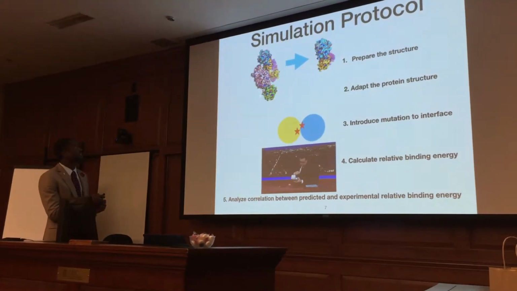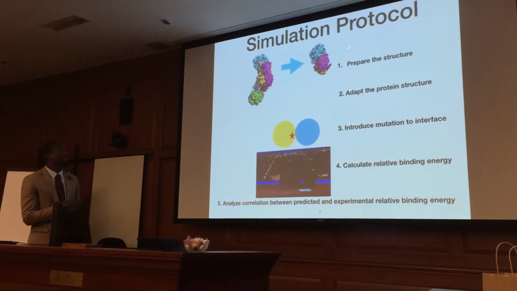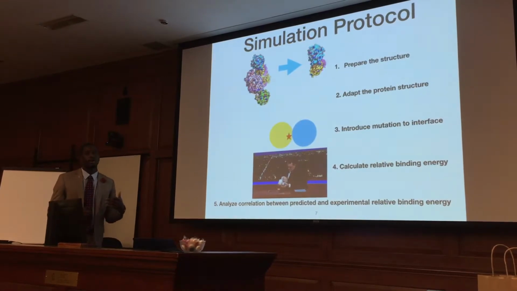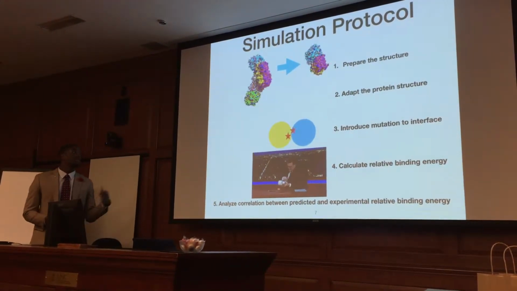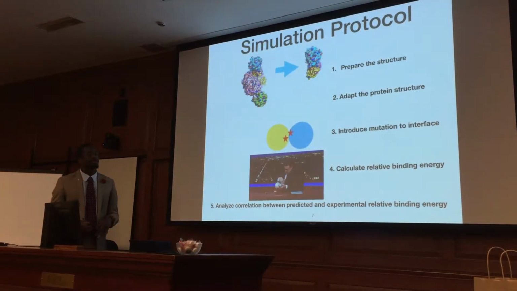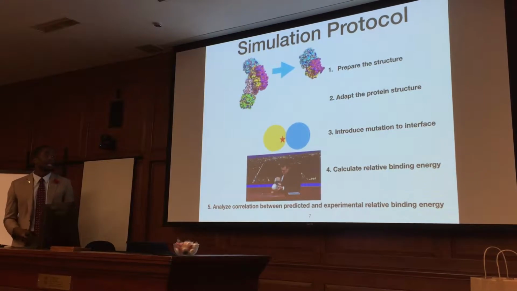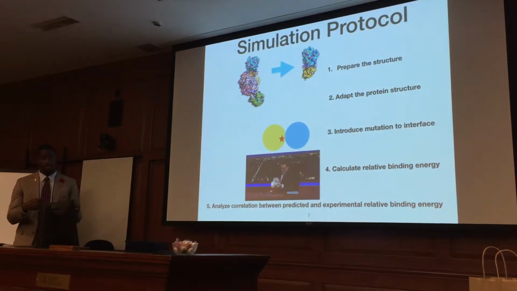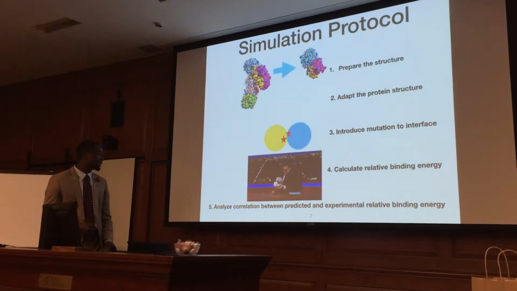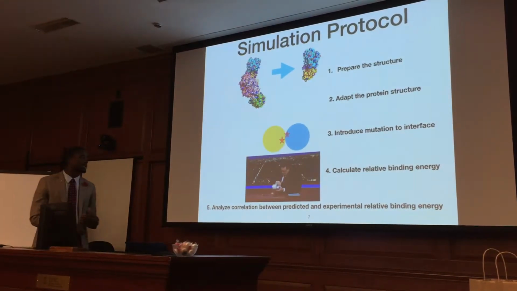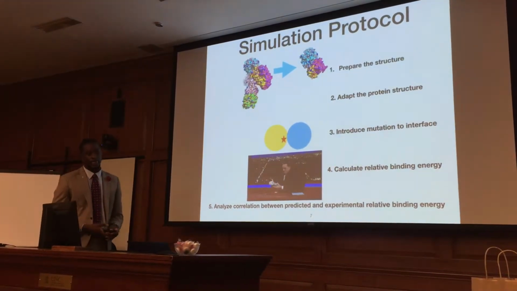So we essentially strip away all the excess protein domains, and we're just left with what is relevant to our interactions. In the second step, we adapt the protein structure to be able to run these Rosetta simulations, and finally we introduce the mutation between the complexes. We then calculate the relative binding energy, and then we analyze the correlation between the predicted data set and the experimental data set.